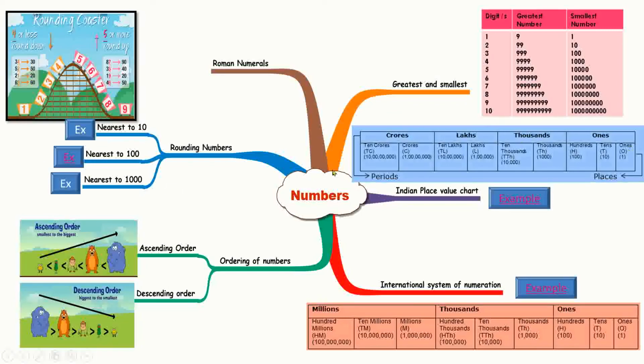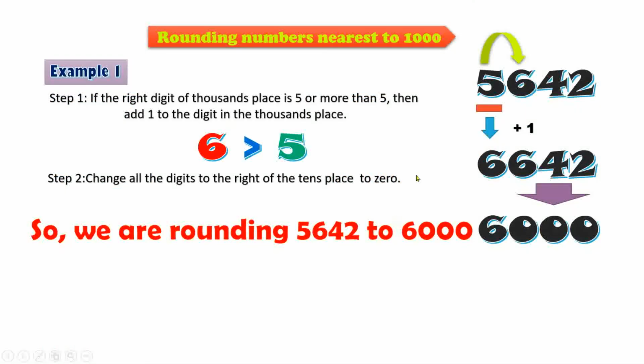Next one is nearest to 1000. So example 1, we are rounding 5642 to the nearest 1000. Step 1, if the right digit of the thousands place is 5 or more than 5, so 6 is greater than 5. Then add 1 to the digit in the thousands place.